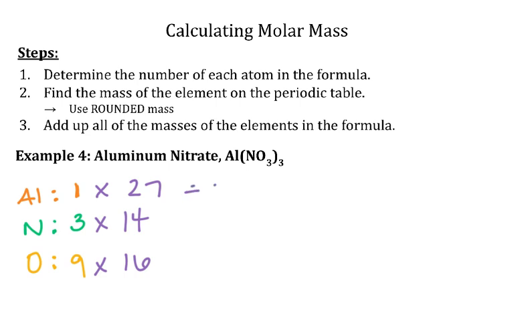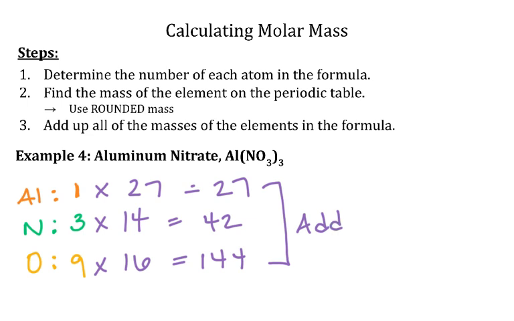So 1 times 27 is 27. 3 times 14 is 42. 9 times 16 is 144. And to find the mass of that whole molecule, I'm going to add 27 plus 42 plus 144. And so the molar mass of aluminum nitrate is 213 grams per mole.